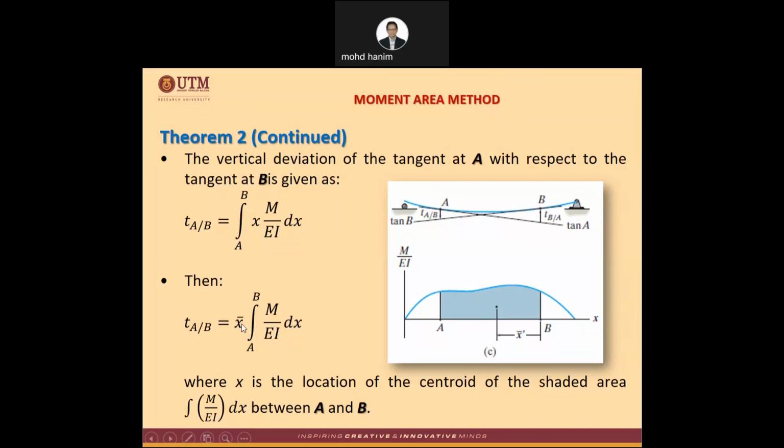What is constant here is X and EI. Why is X constant? Because X is the centroid of the moment area between A and B. So it is constant. X is the location of the centroid of the shaded area, or the area under the M over EI curve between A and B.